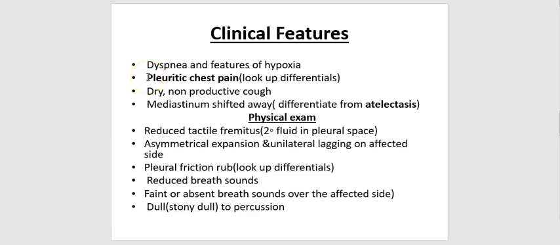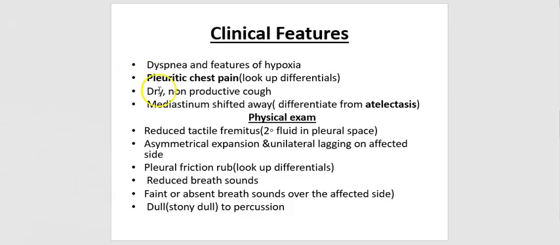At least think of it and try to elicit it. Pleuritic chest pain is the kind of pain a patient experiences when you tell them to inspire, to take a deep breath, and they experience some chest pain. That is pleuritic chest pain. So when doing your physical exam, always try to elicit that whenever you suspect pleural effusion.